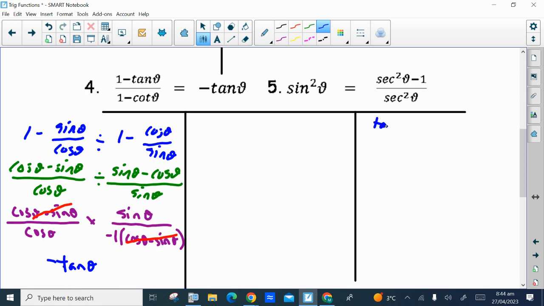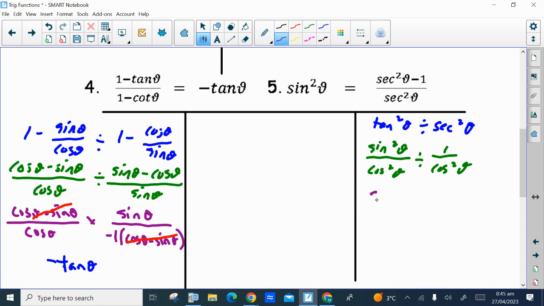So we'll have tan squared theta divided by sec squared theta. Tangent is sine over cos. And that's divided by secant, which is 1 over cos. And again, to divide by a rational expression, we multiply by the reciprocal.